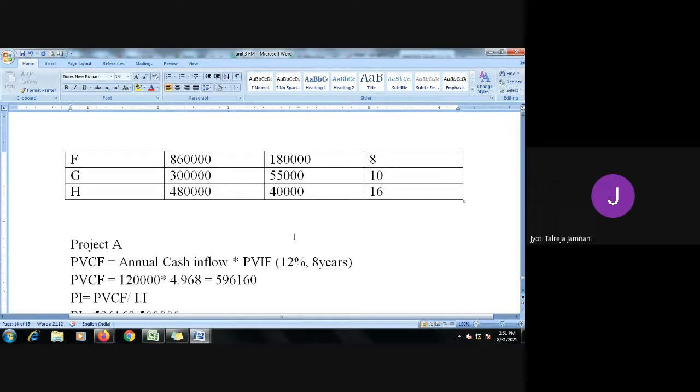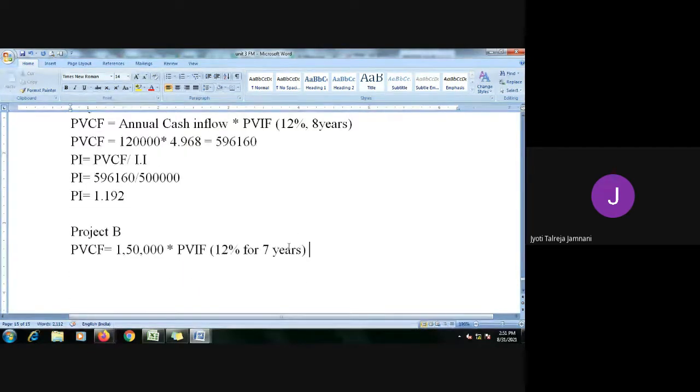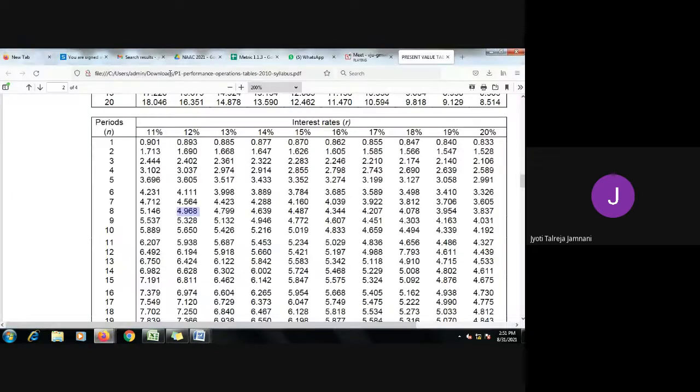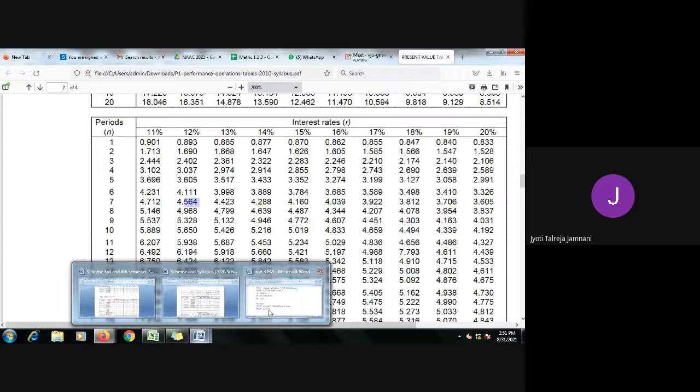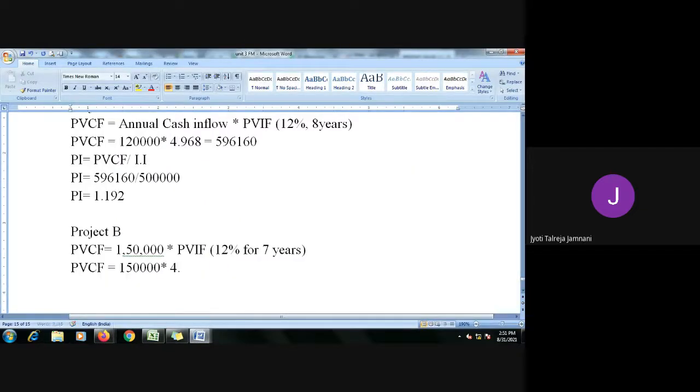So we can find the value in the table now. Present value cash flow is equals to 1,50,000 into 12% for 7 years. We need to check annuity table. 12% 7 years, it's 4.564. So you will get present value cash flows equal to 1,50,000 into 4.564 is 6,84,600.